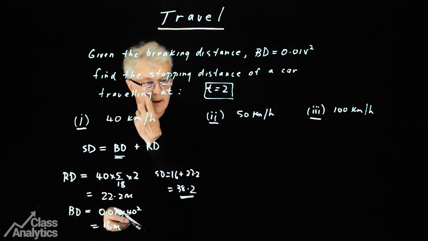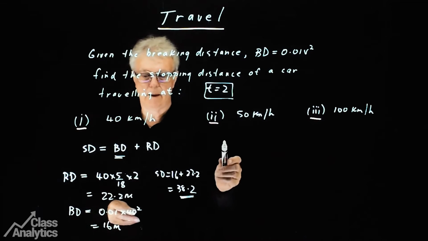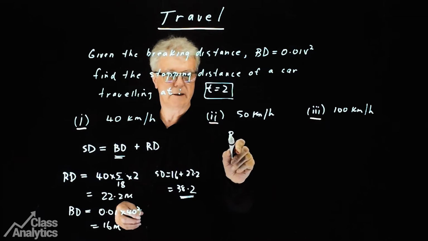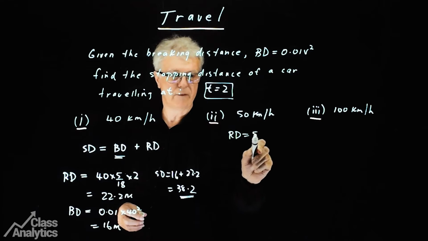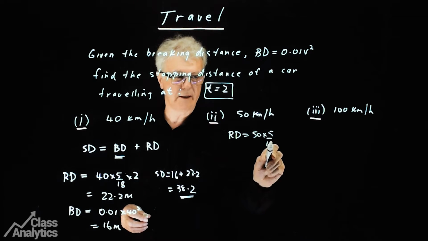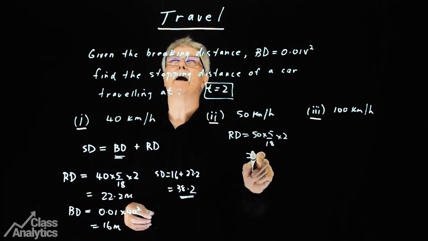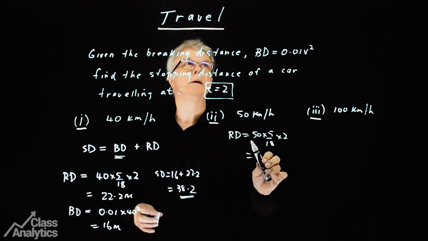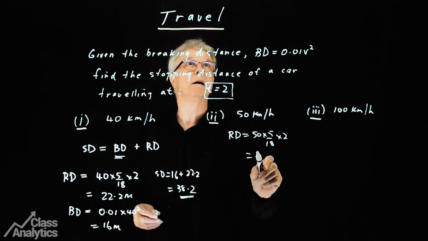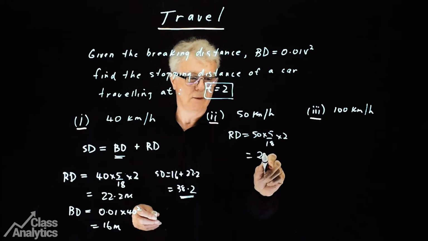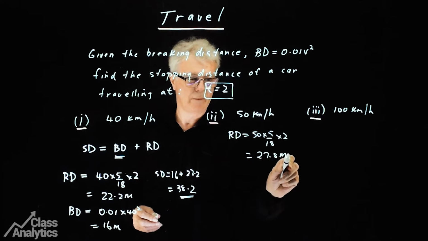All right, let's try the next one, 50. Okay, so the reaction distance is going to be 50 times 5/18 times 2 again, and that came out to 27.8 metres.